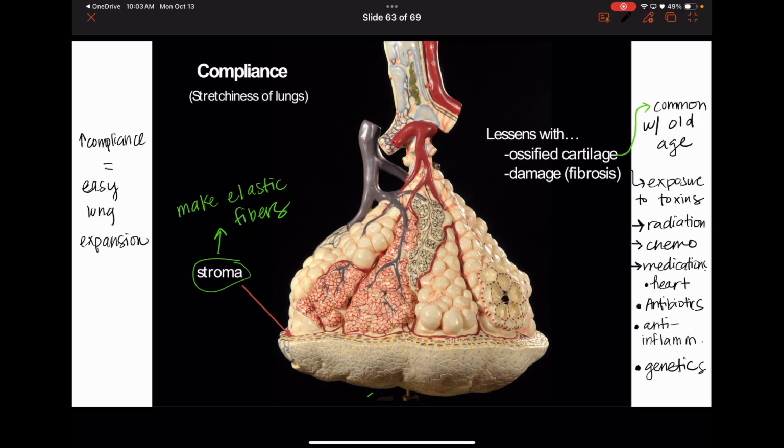All right, so any questions about compliance or stroma? Okay. So can your stroma increase and decrease, or does it kind of just stay the same? It'll stay the same and then it'll decrease over time, yeah.